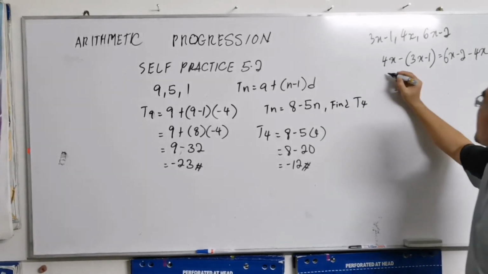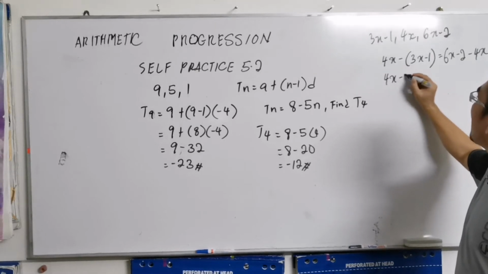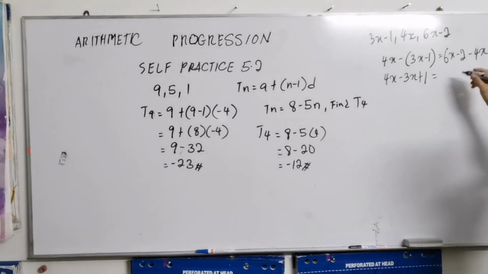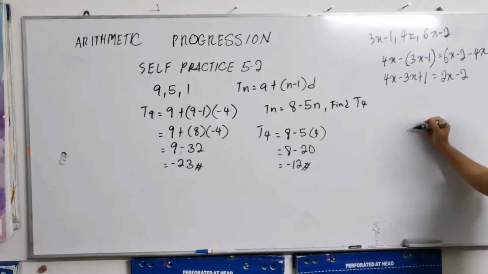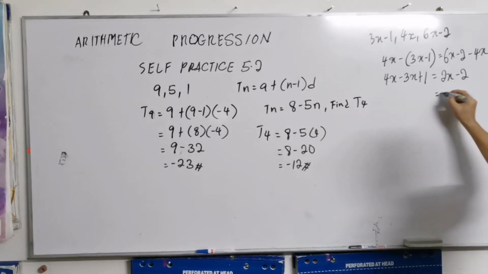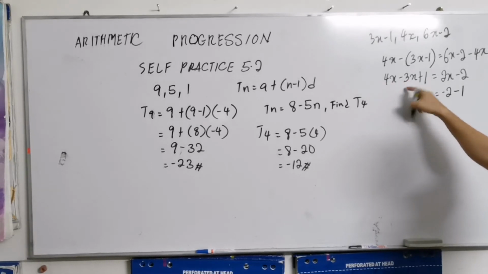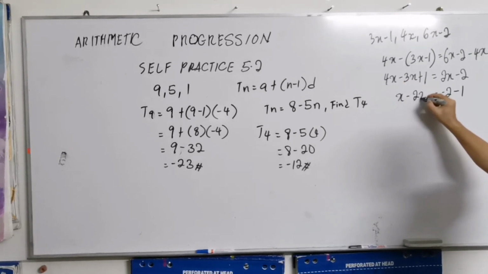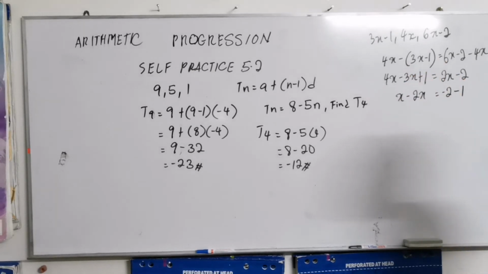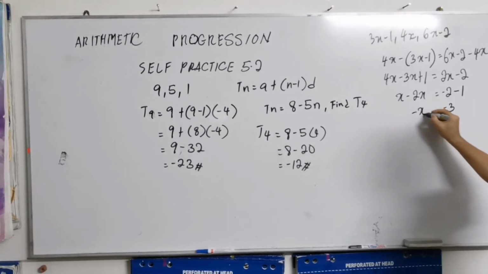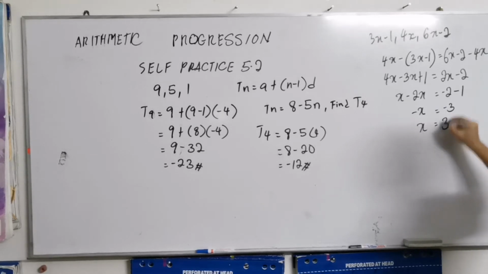So expand the bracket. We have 4x minus 3x plus 1 equals 6x minus 4x will be 2x minus 2, and you bring all the x to one side and all the numbers to the other side, negative 1, and then 4 minus 3 will be x minus 2x, because the 2x here is brought to the other side. You have here negative 3, so this is negative x, so x will be 3.